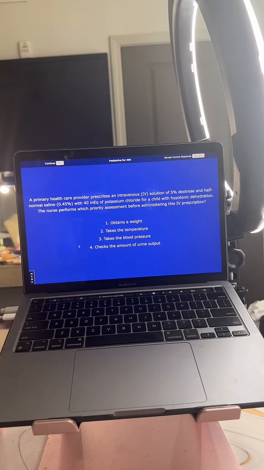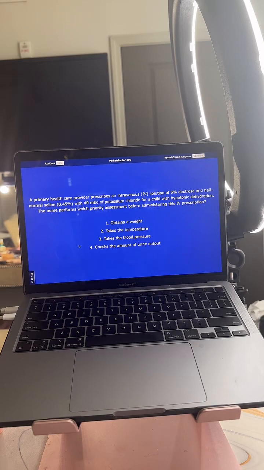All right, guys, this is pediatrics for 400. It says a primary healthcare provider prescribes an IV solution of 5% dextrose and a half normal saline, or 0.45%, with 40 milliequivalents of potassium chloride for a child with hypotonic dehydration.